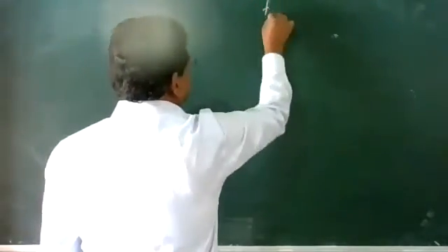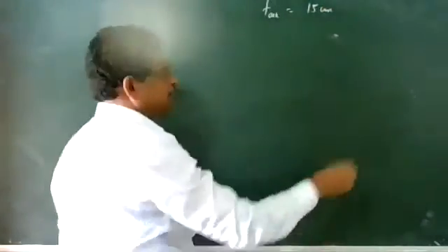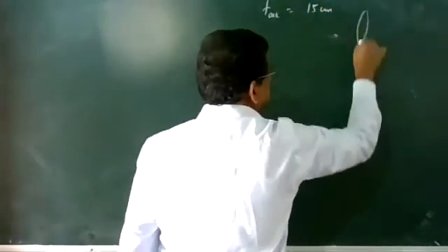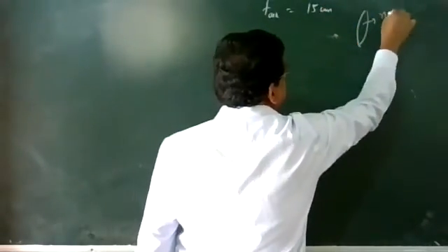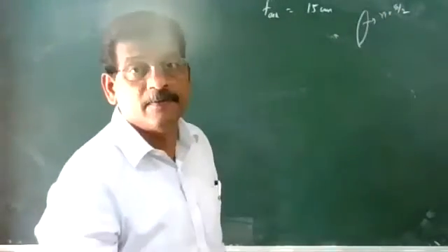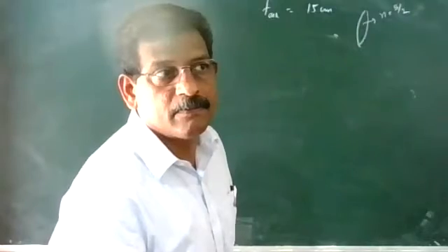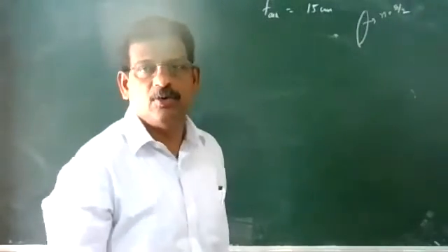So focal length in air medium is 15 centimeters. The ratio of the first medium with respect to the second is 3 by 2.